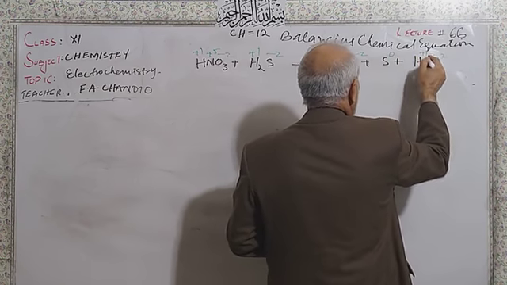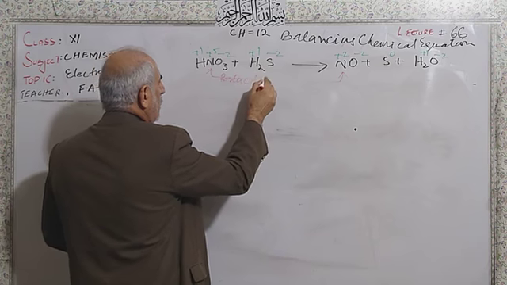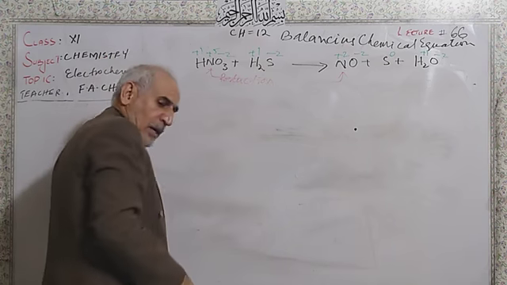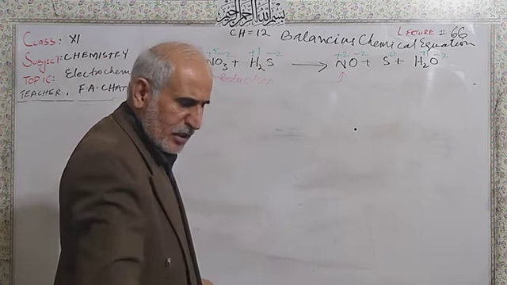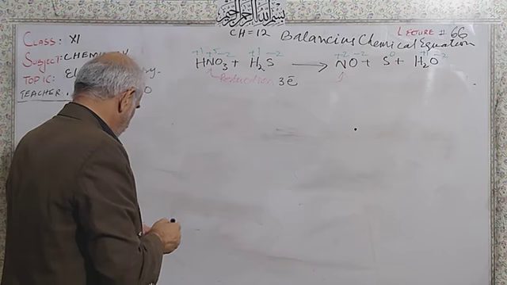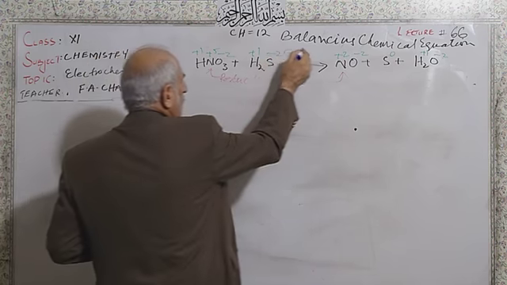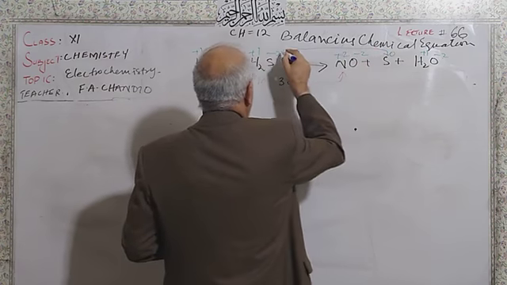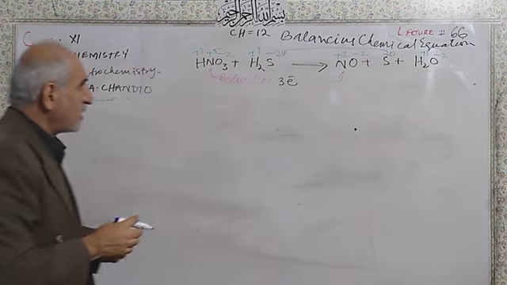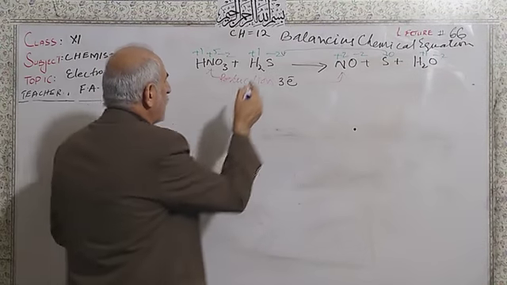After assigning oxidation numbers, there is a change in oxidation number. You can see here. Plus 5 to plus 2, this is a reduction, and this reduction is for 3 electrons reduction, and there is also oxidation here in sulfur. -2 changes into 0, oxidation number is going to be increased.